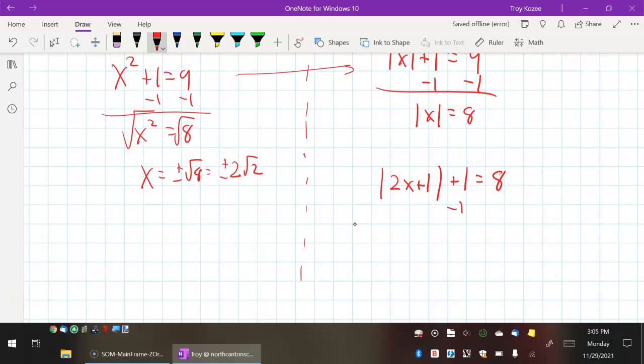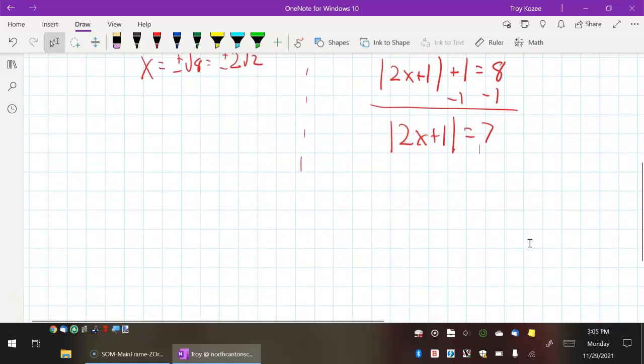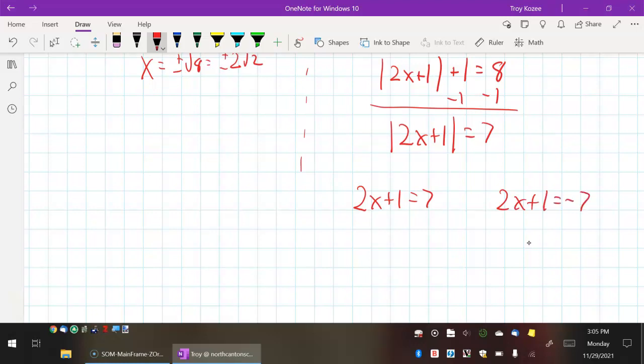So in addition to jumping through some hoops, now I can do the core skill of breaking this absolute value into two problems. And then because of this expression here, I have a few things to do after.